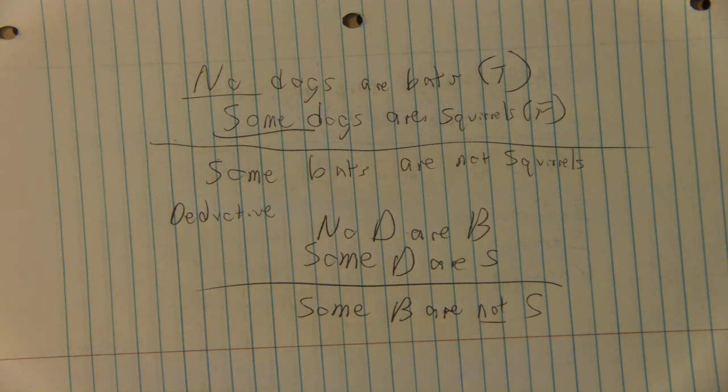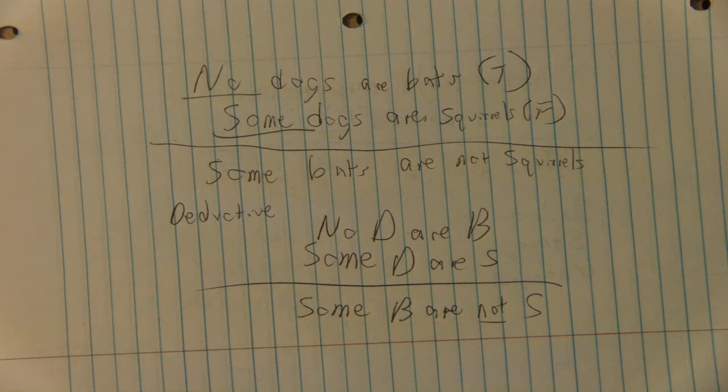True premise, true conclusion. Let's check a few more, though. No dogs are birds. Some dogs are schnauzers. Therefore, some birds are not schnauzers. That one seems to work, true, too.